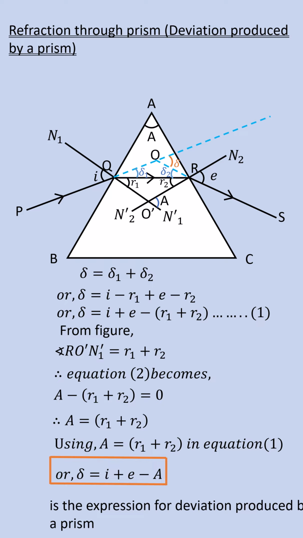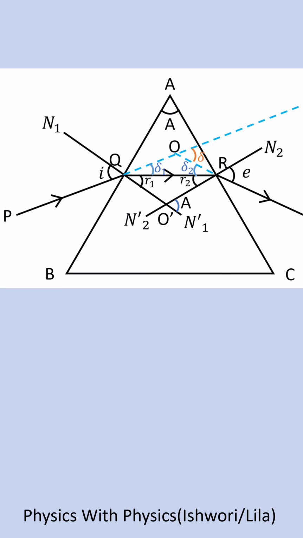Now let's see how this angle A is equal to R1 plus R2. We have a prism. Let's see this quadrilateral. In this quadrilateral, the sum of these two angles is 180 degrees. Suppose this angle is x.